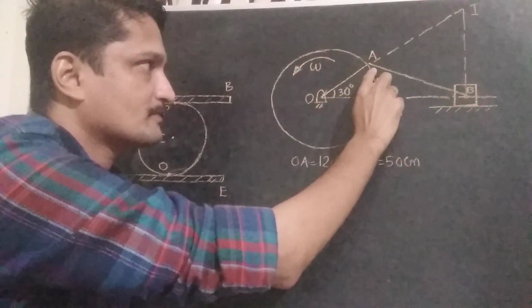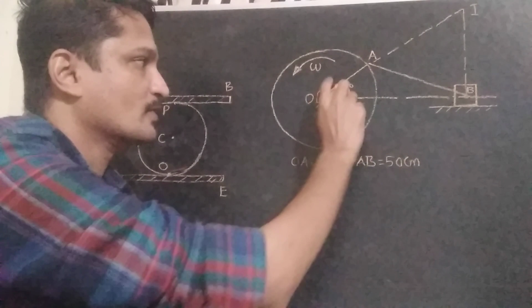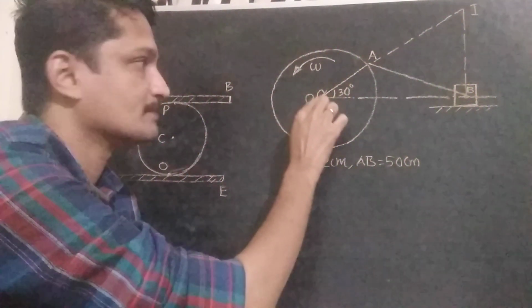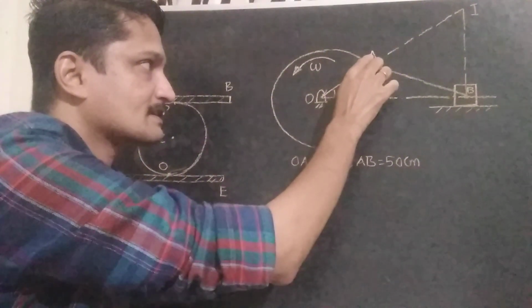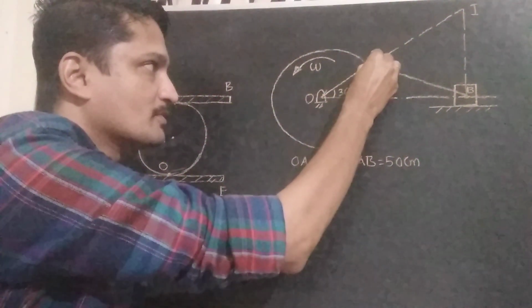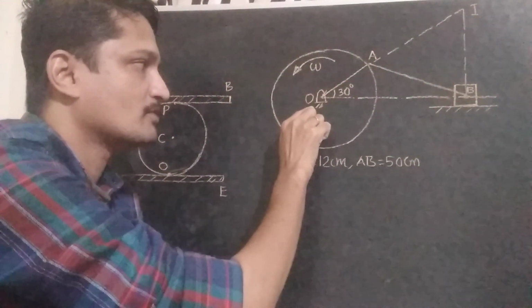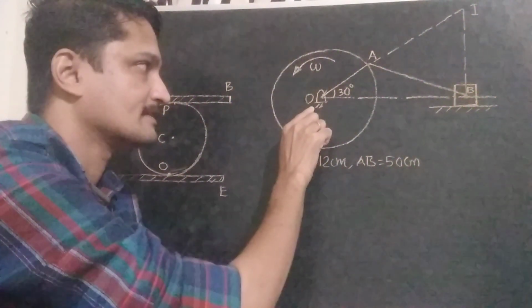So the velocity of A must be perpendicular to OA, because this point O is the instantaneous center where the velocity becomes 0. If we consider A as a point in the crank, then this point will become the instantaneous center.